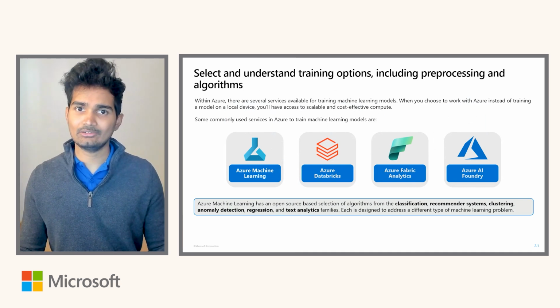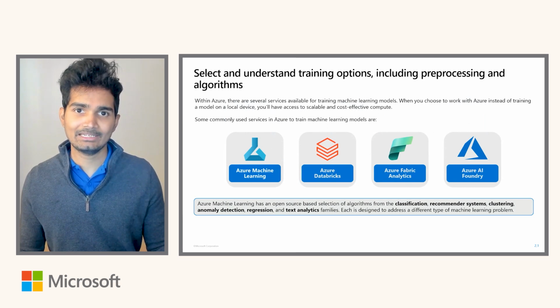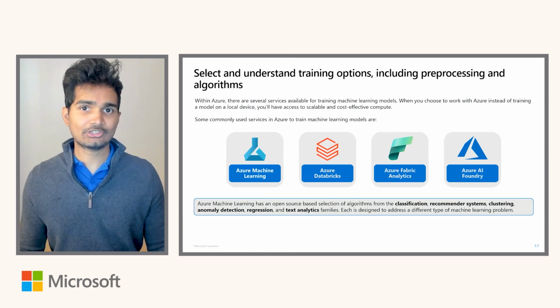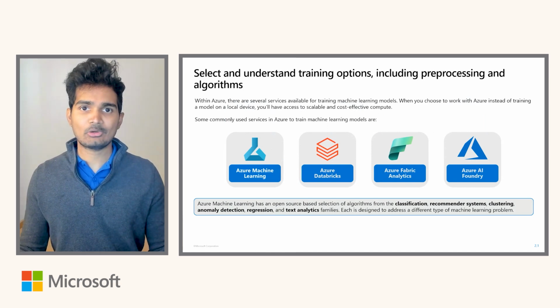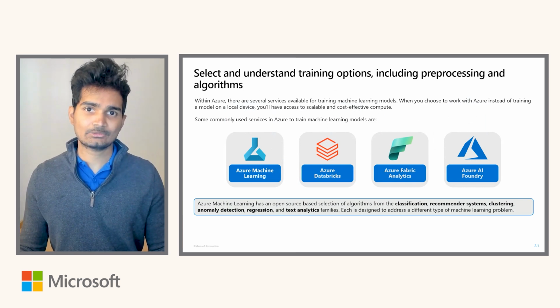Automated Machine Learning, or AutoML for short, simplifies the process by automating the selection of algorithms and hyperparameters. Azure Databricks provides a collaborative environment for big data analytics and machine learning. Fabric supports data science workflows as well.